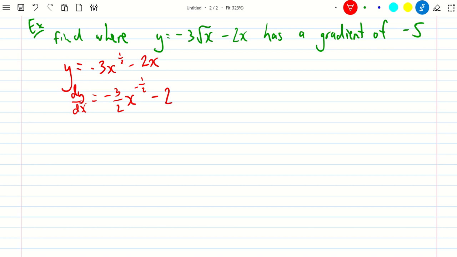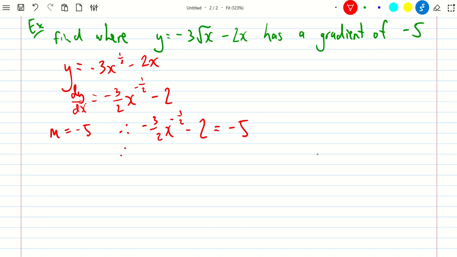Now, the gradient is equal to negative 5. Therefore, we know that negative 3 over 2 x to the negative half, minus 2, must be equal to negative 5. And we'll be able to use this to solve for x to figure out where the gradient is equal to negative 5.